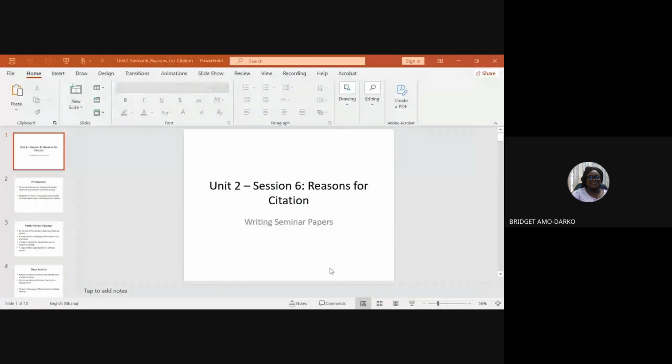Who else? Bless. Madam, I learned about the concept of citation, which is academic integrity, and it goes with honesty, trust, fairness and respect.